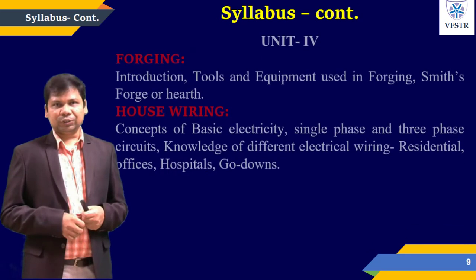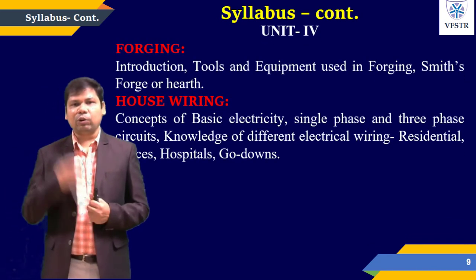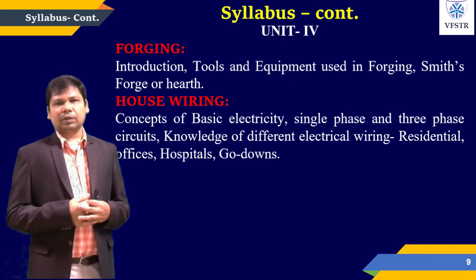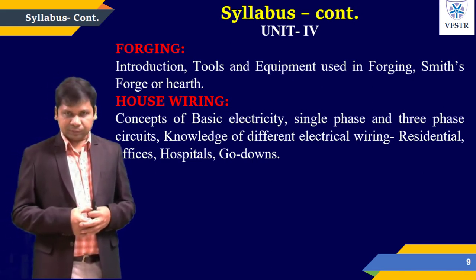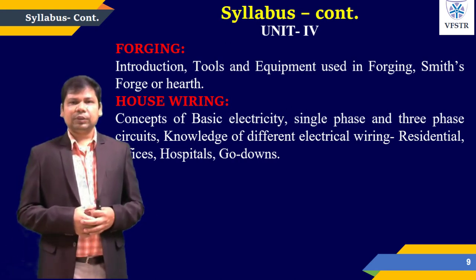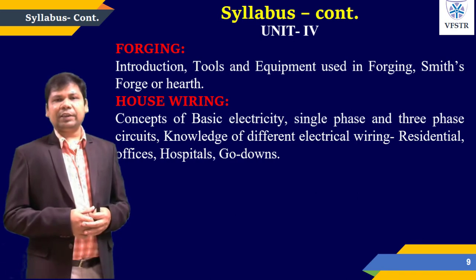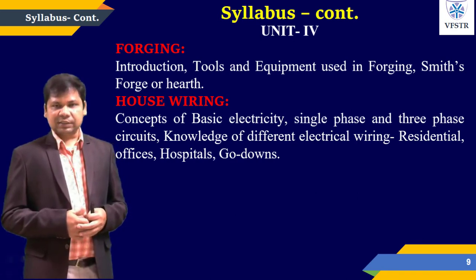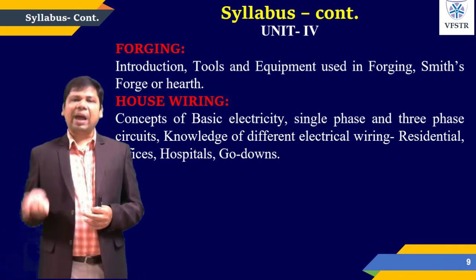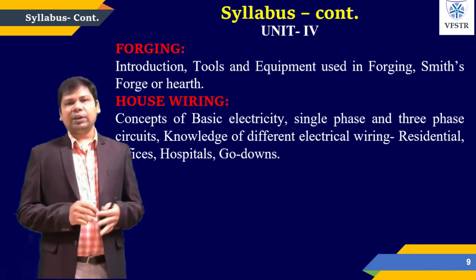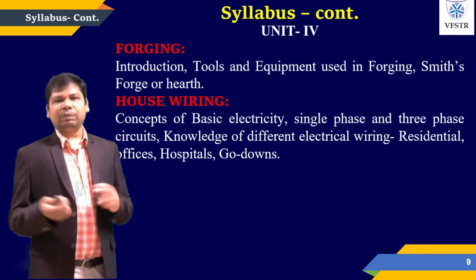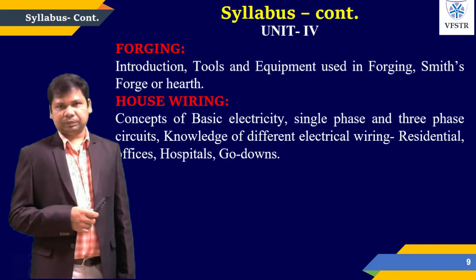Now come to the fourth unit. Here also you are going to learn about two types of trades. The first is forging and the next is house wiring. In forging, a metal plate is heated in the furnace and human muscle power is applied with the help of a hammer force, and the metal, whatever is given to you, is changed in its size and shape.